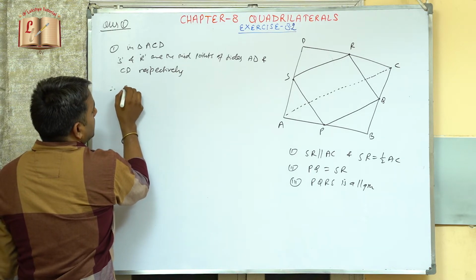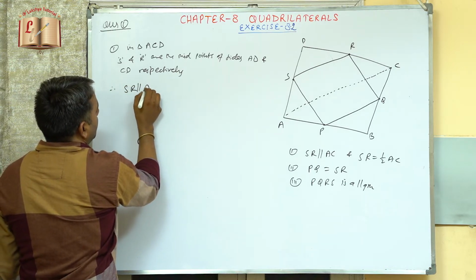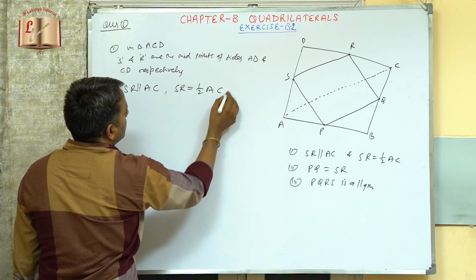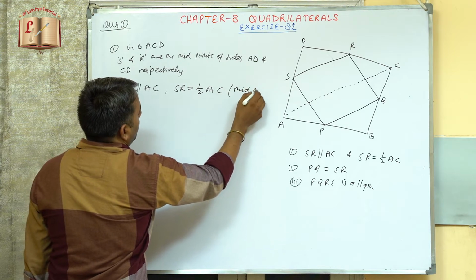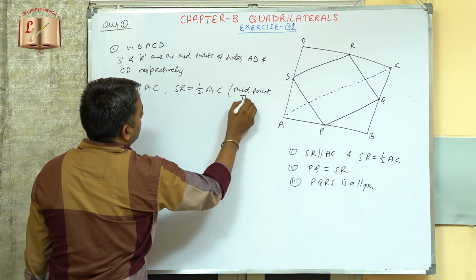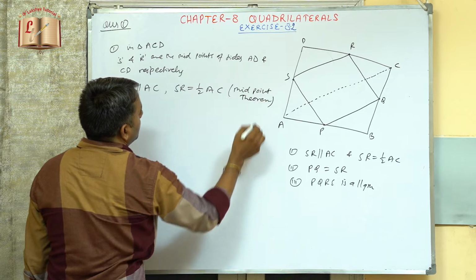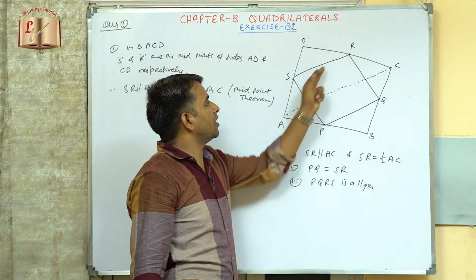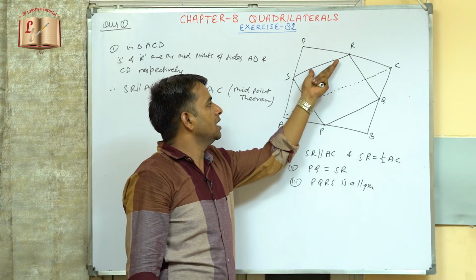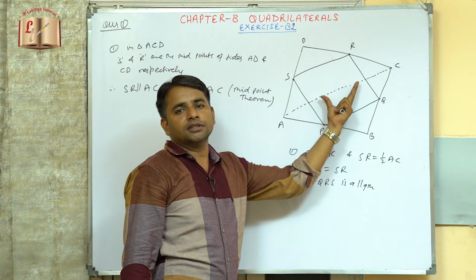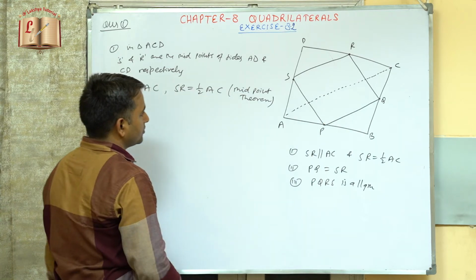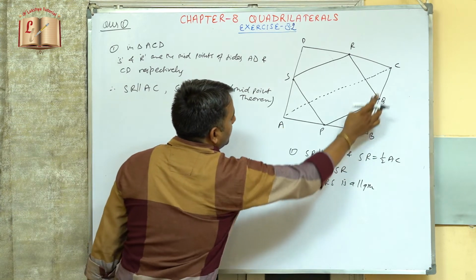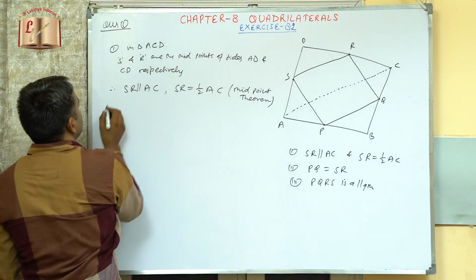Therefore, SR is parallel to AC and SR is equal to half of AC. This is by the midpoint theorem, that the line joining the midpoints of two sides of a triangle will be parallel and half of the third side. And similarly coming to triangle ABC. So this first part is over.